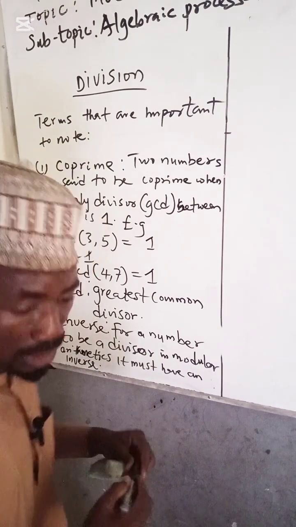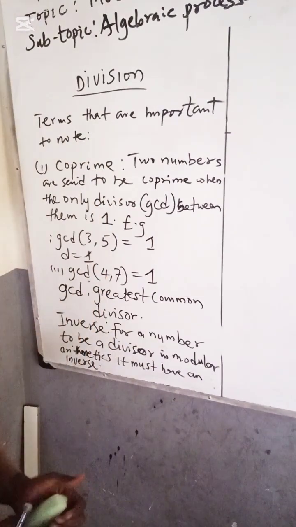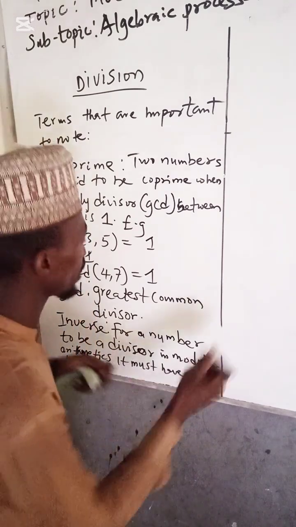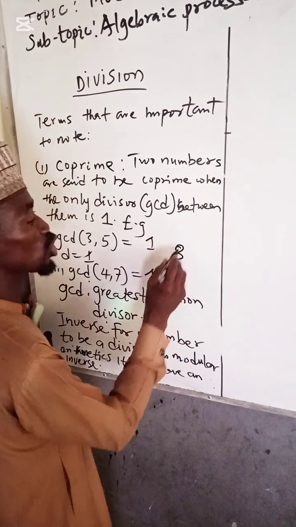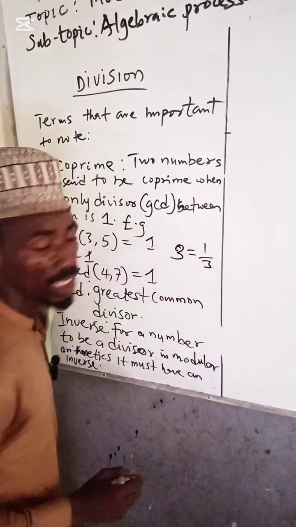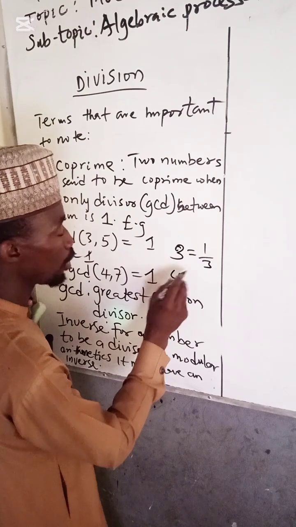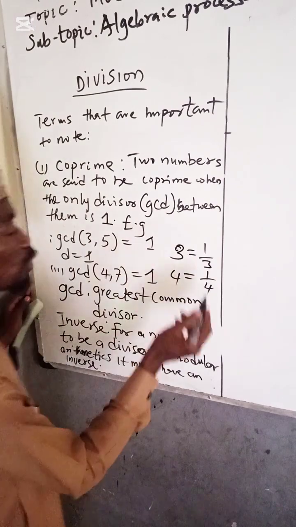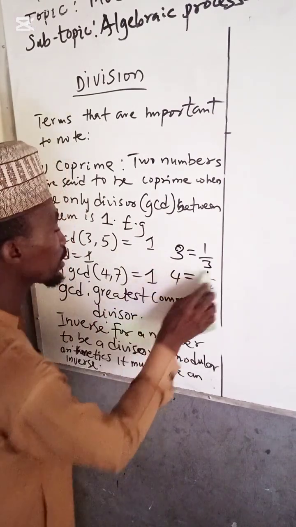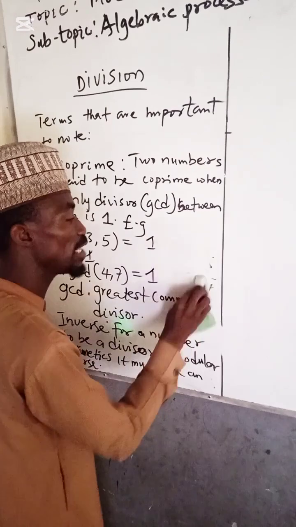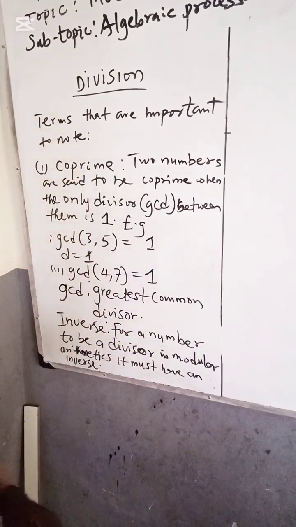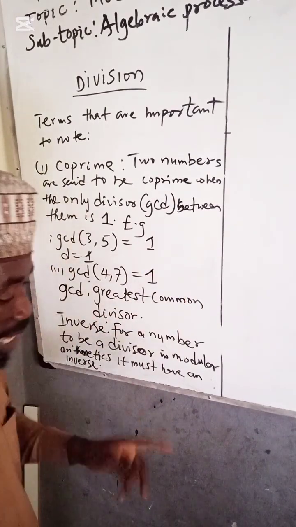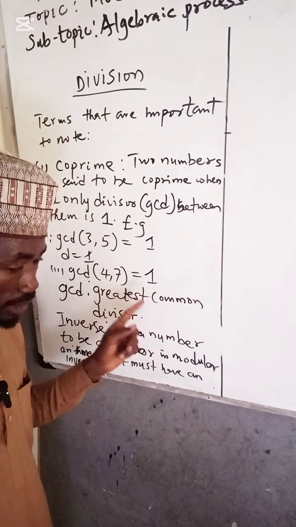What does this inverse mean? In ordinary mathematics, it is called reciprocal. That means if you have a number like 3, the reciprocal of 3 is 1/3. If you have a number like 4, the reciprocal is 1/4. But in this case, we can't use that. What we need is an inverse. That is a number that can divide the divisor. That is what we mean by the inverse of that number.